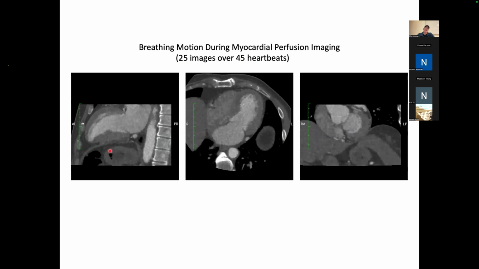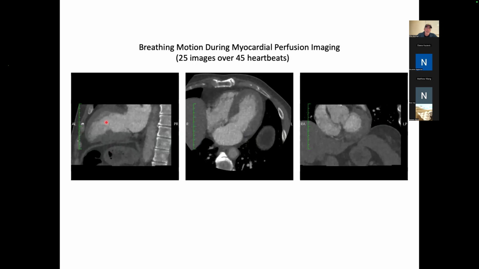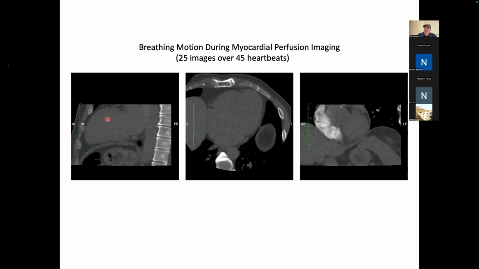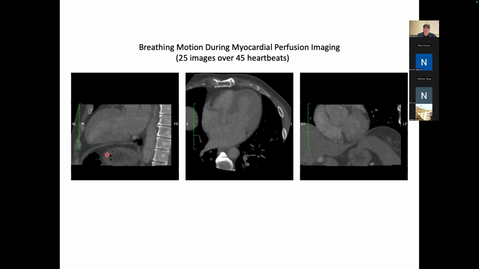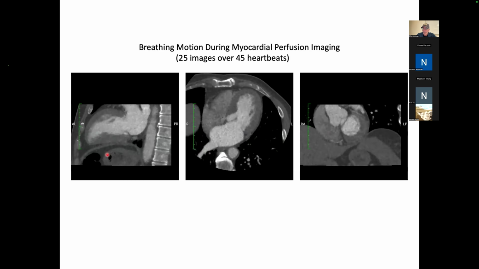And you can see why SPECT imaging looks like a really blurry donut. Part of that reason is because this thing is bouncing up and down, on the order of 1 to 2 centimeters, during breathing, which is going to blur your signal tremendously.